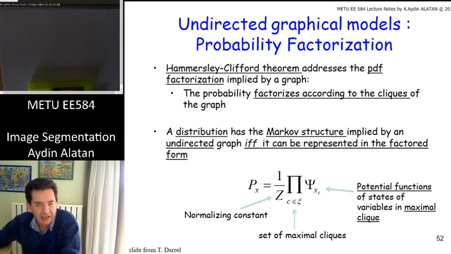If you have 3 cliques, for example, and maximum cliques, these compatibility functions are in terms of those 3 random variables, and the values they obtain return you a likelihood value, okay? And you just basically multiply them to obtain the joint PDF. This is the set of maximum cliques. This is a normalization constant so that the total thing is equal to 1.